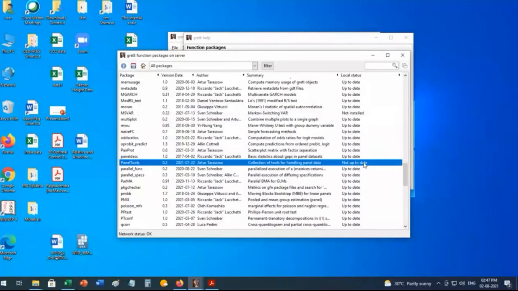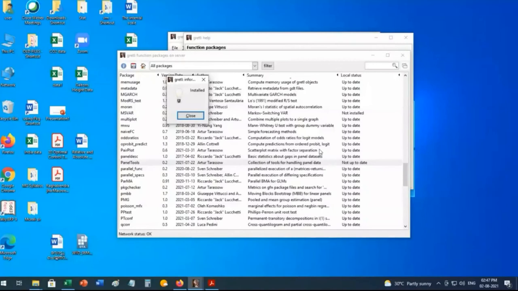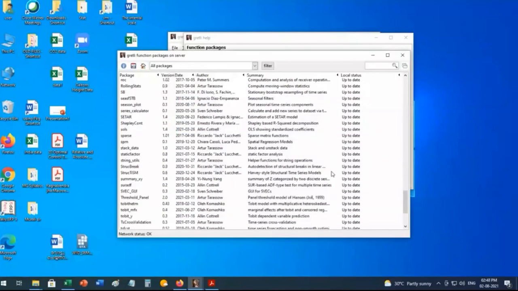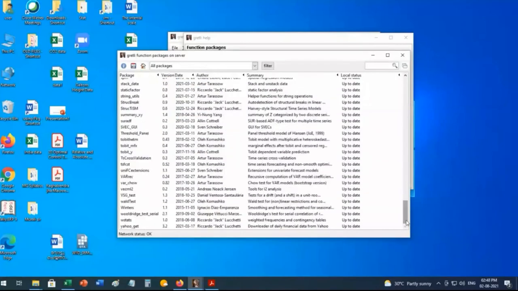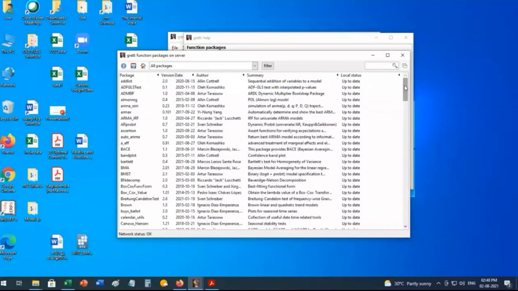Sometimes some question may be asked whether you want to install this in the Gretl window itself. So you say yes, so that particular program will be available in the Gretl window itself. So you have to make all these up to date. So this is one thing that you have to do once you have already installed your Gretl.